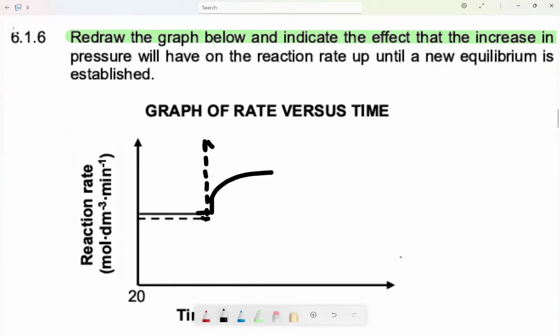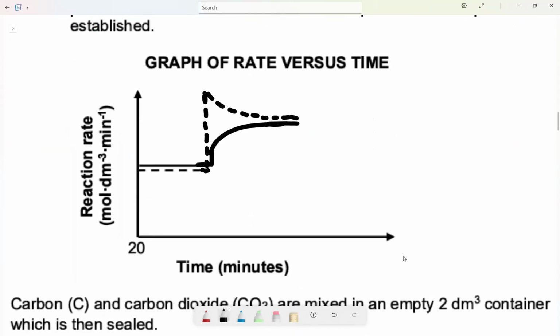So we'll do something like that until equilibrium is reached. Remember, here it should be more or less equal. This is what is going to happen.